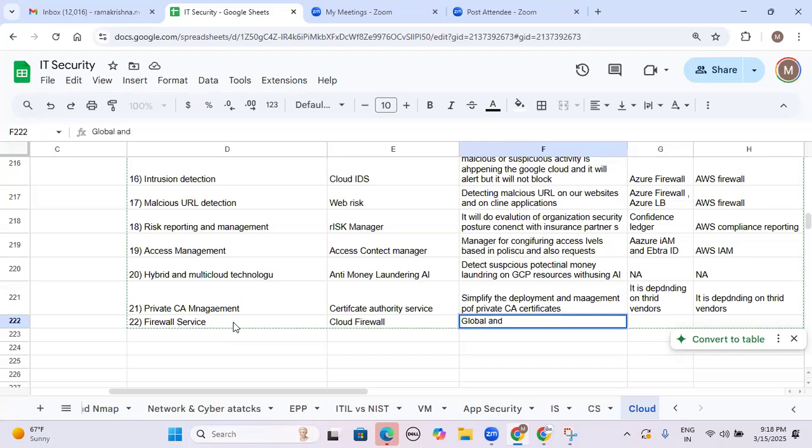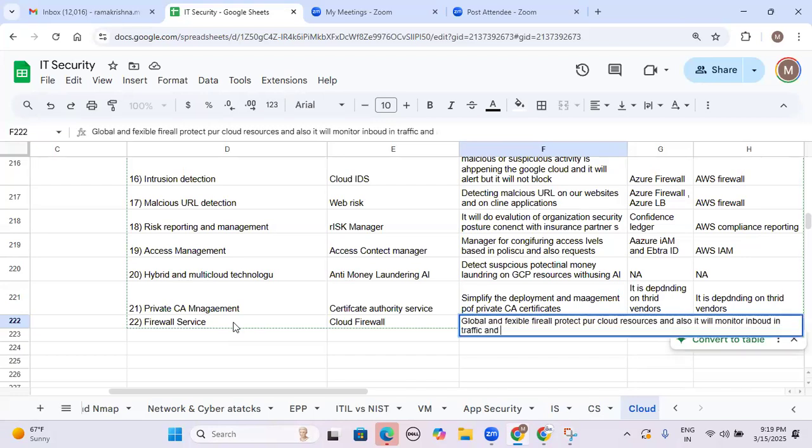A global and flexible firewall protects our cloud resources and also monitors inbound traffic and outbound traffic.